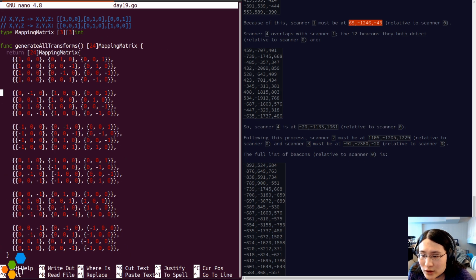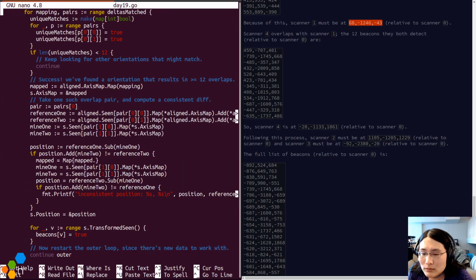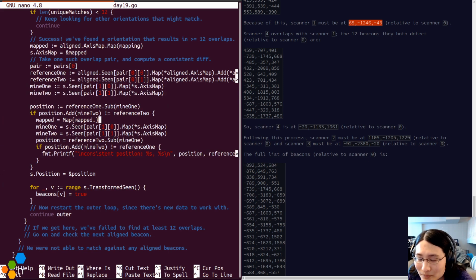I'm just not sure how to solve this. If you have to flip it around, I think the mapping also has to be adjusted in some fashion.